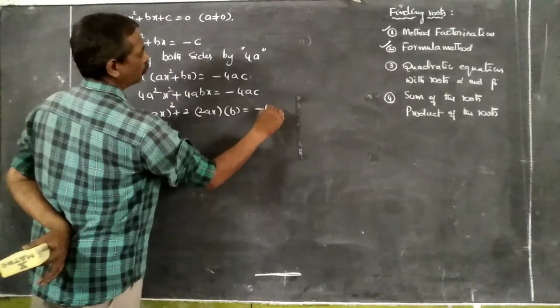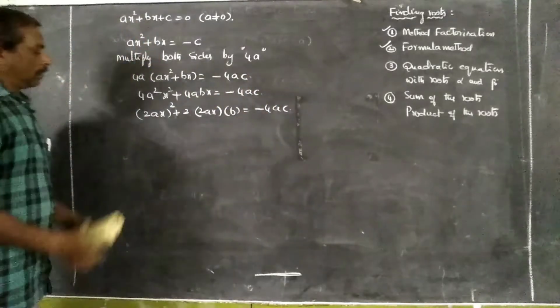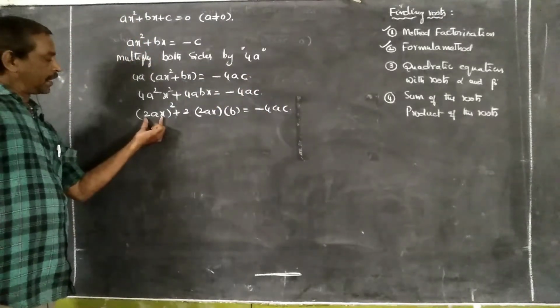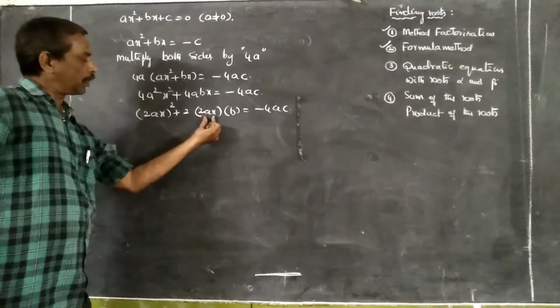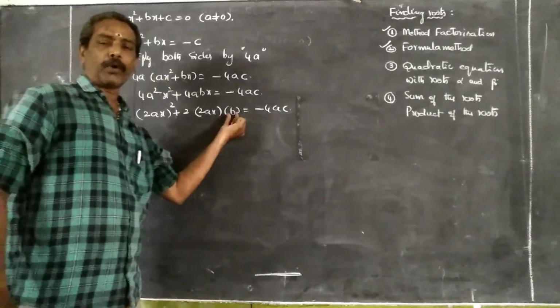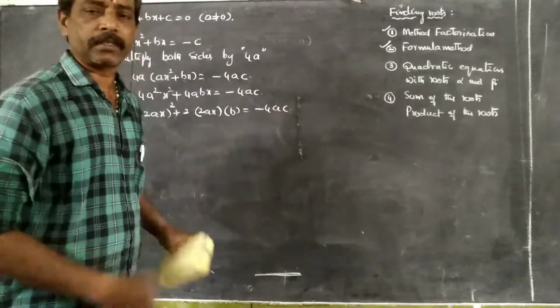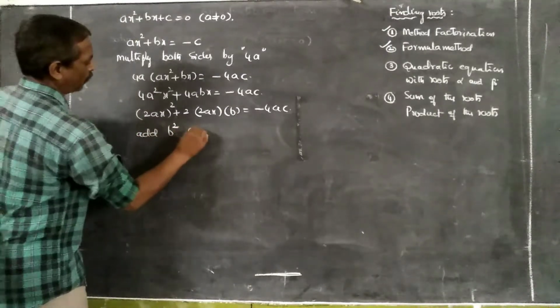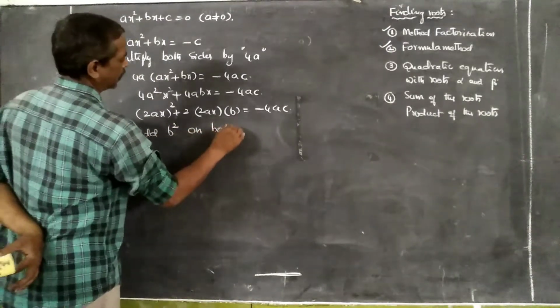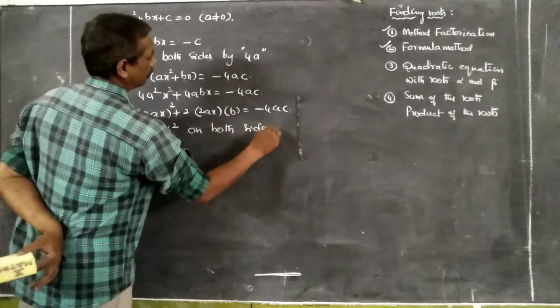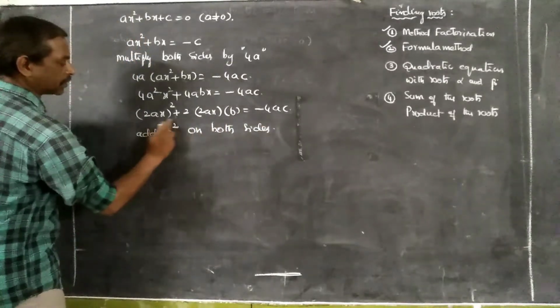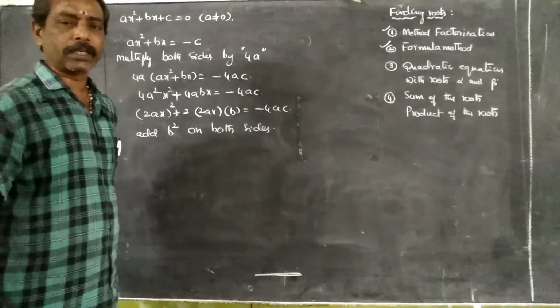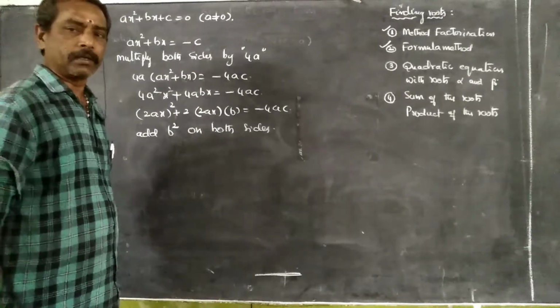Now, let it be a, and then a square plus 2ab, we need to add b square on both sides so that the LHS becomes a perfect square, a plus b whole square.